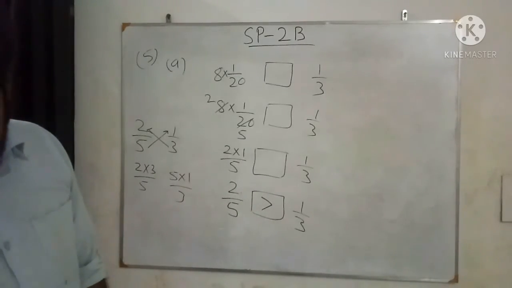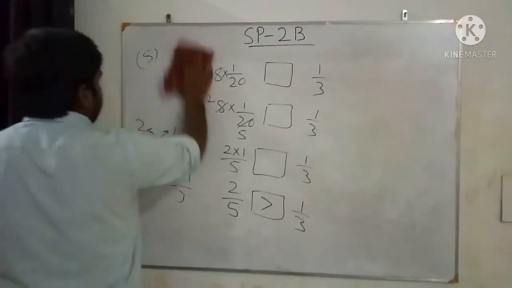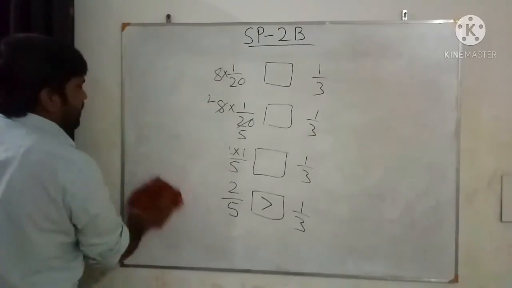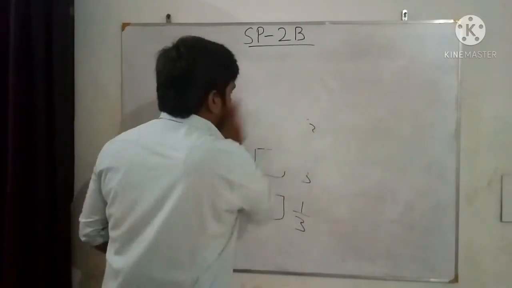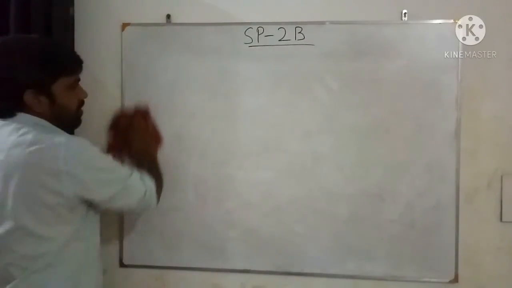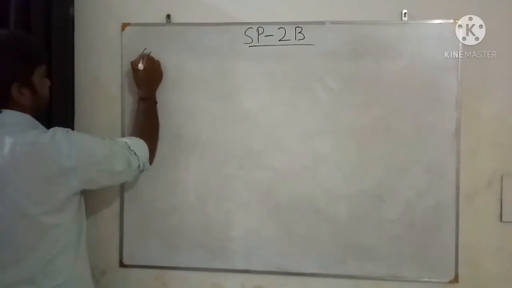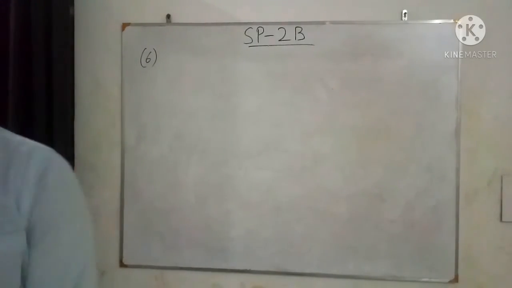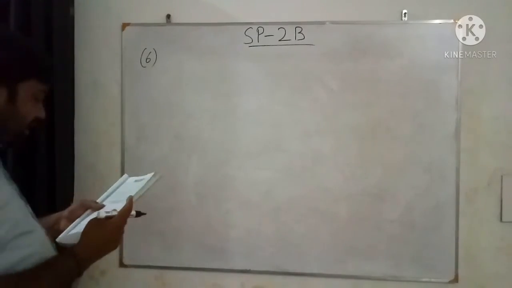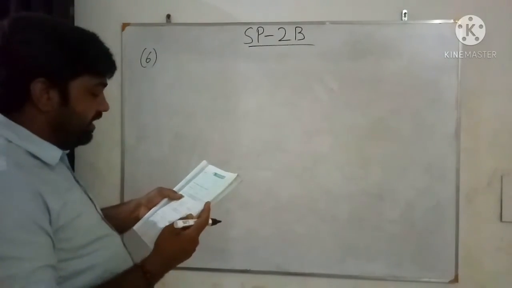Okay. So now we move on to the last question, question number 6. Nidhi spent 90 minutes completing her homework. Out of this 90 minutes, she spent 1 by 9 on learning spellings.